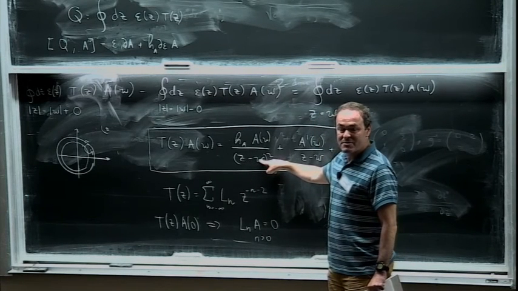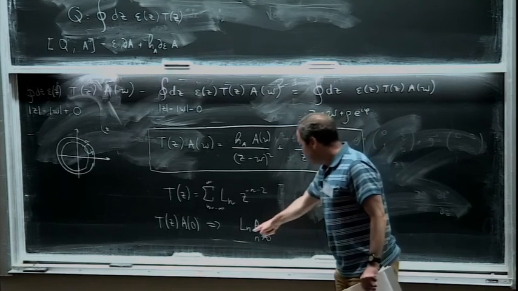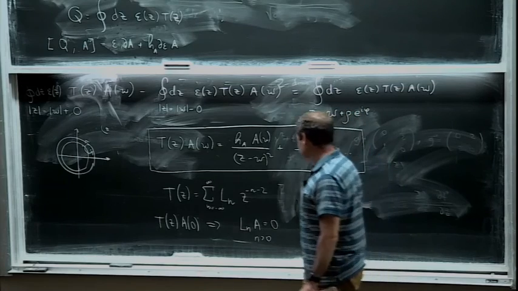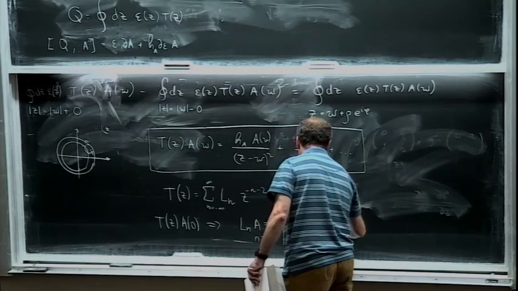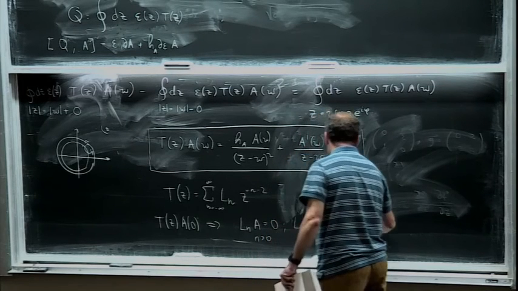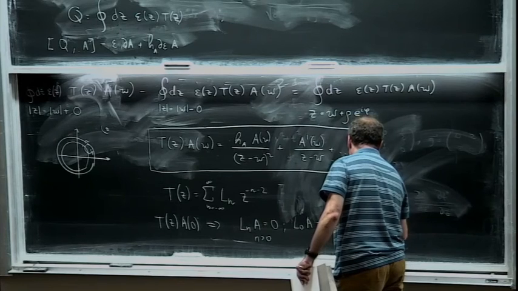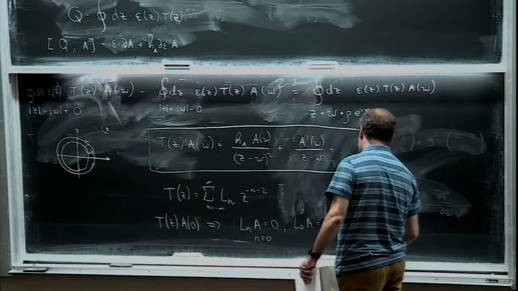There would have been terms (z minus w) cubed, fourth power, and so on. But there are no such terms, so all such L_n's give us 0. And then L_0 acting on A actually multiplies A by its dimension. And all L_{minus n} for positive n acting on A give us something which is not 0.